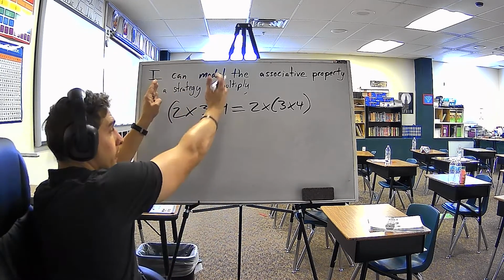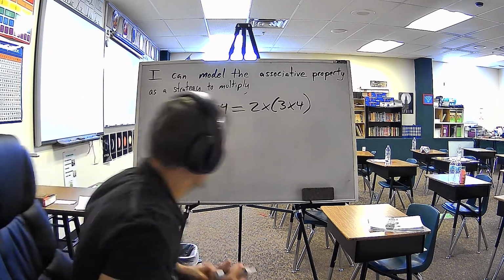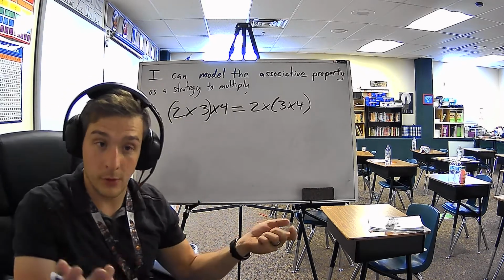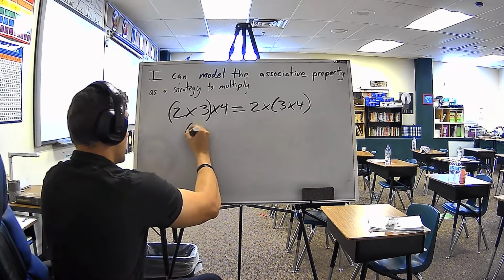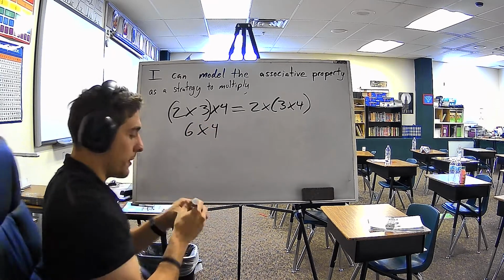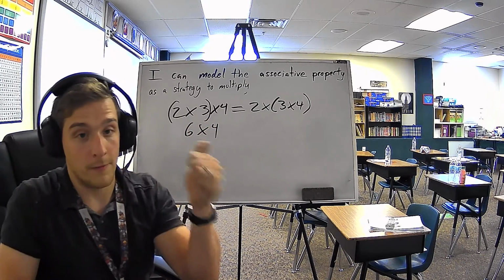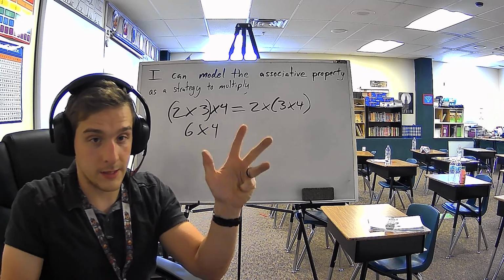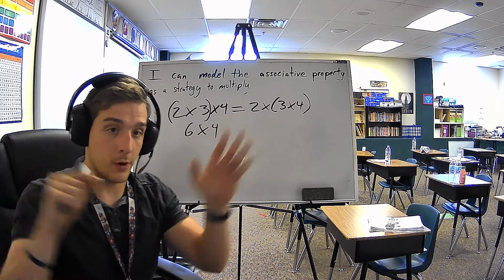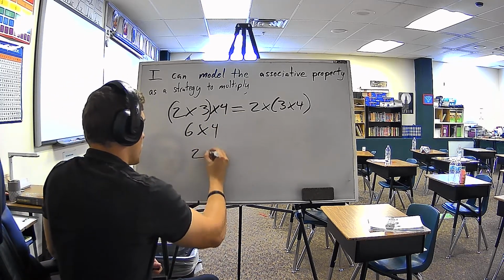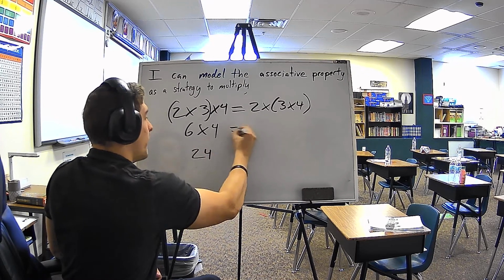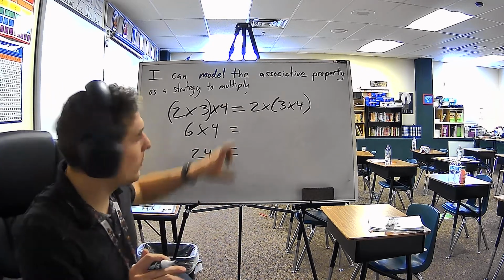So we'll start on this left side first and go down the line. So 2 times 3, skip count by 3, 2 times, that would become 6. 6 times 4, skip count by 4, 6 times. So 4, 8, 12, 16, 20, 24. That becomes 24.